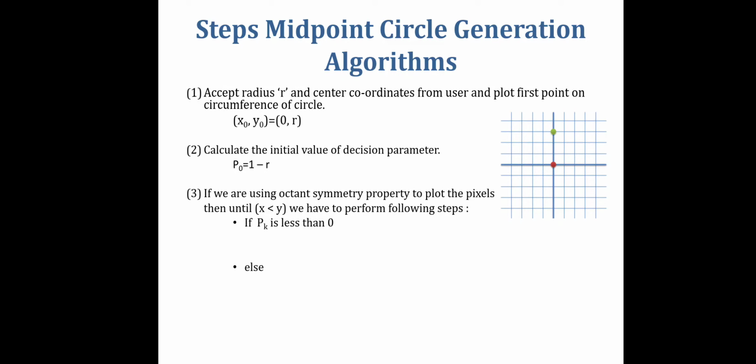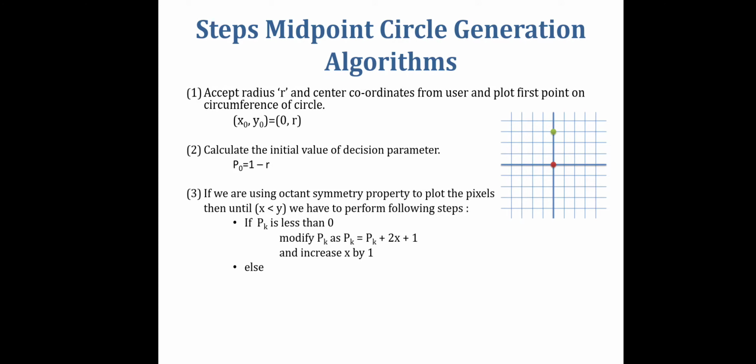If it is less than 0, then we have to update our pk as pk + 2x + 1. If your pk is less than 0, it means your point is inside. In that case pk = pk + 2x + 1, and you just increment x by 1, meaning you are not decrementing y.